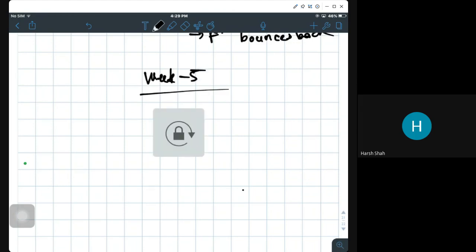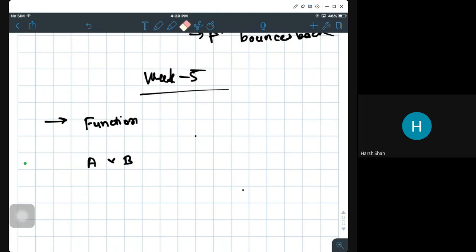Now for week 5, functions are there, right? So a function is just a relation. It's only a relation with only one prerequisite or one condition. What are relations? We had two sets A and B, right?